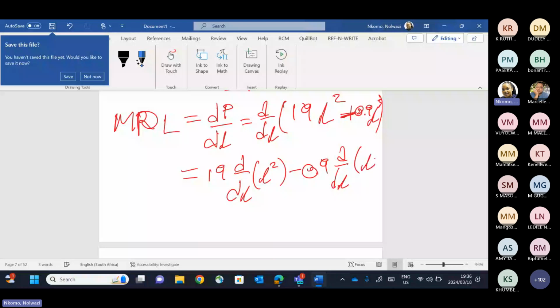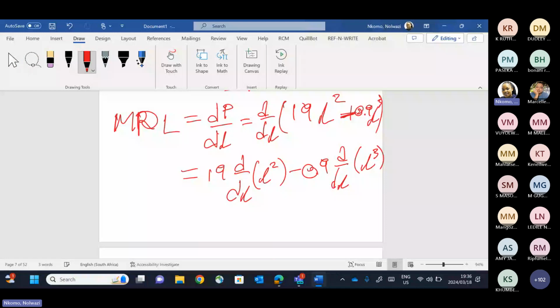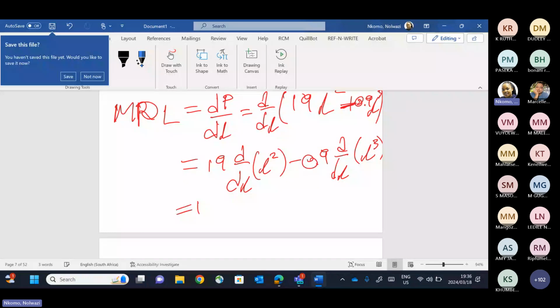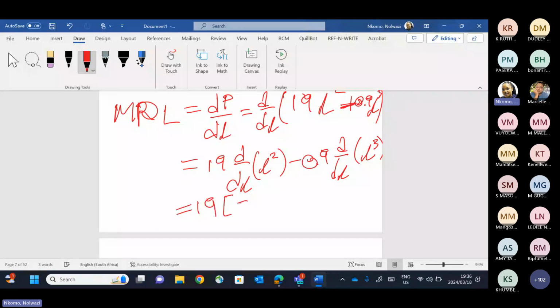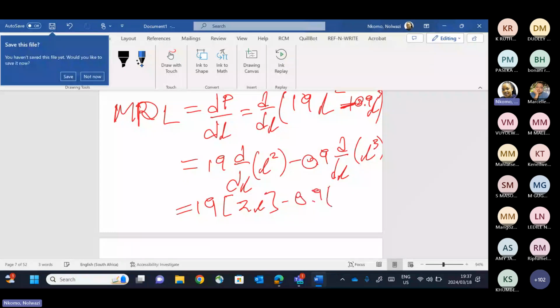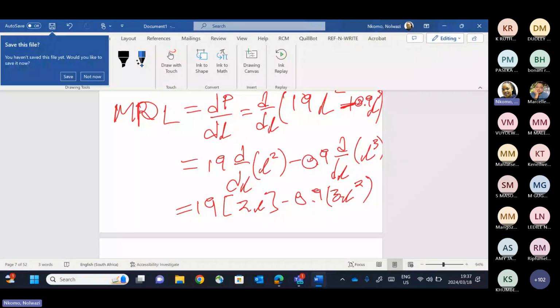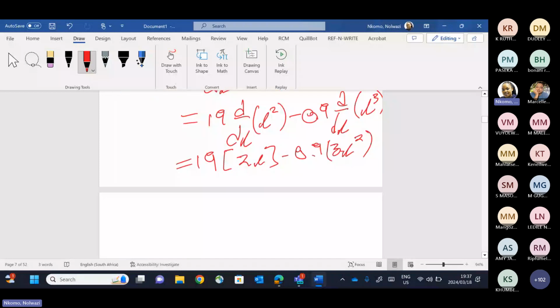If we differentiate this, we will have 19 times 2L minus 0.9 times 3L squared. And this will give us 38L minus 2.7 L squared.